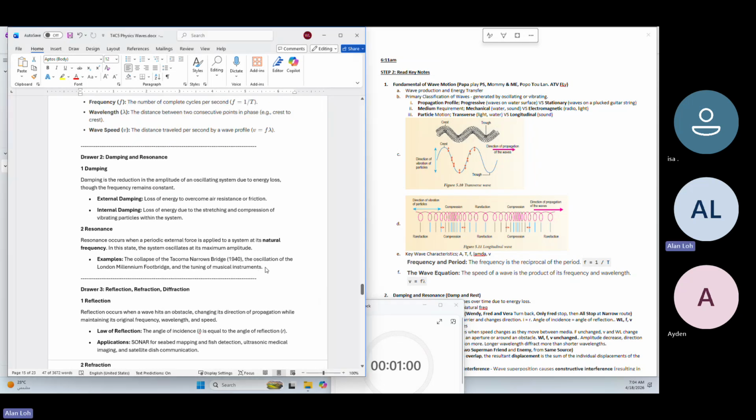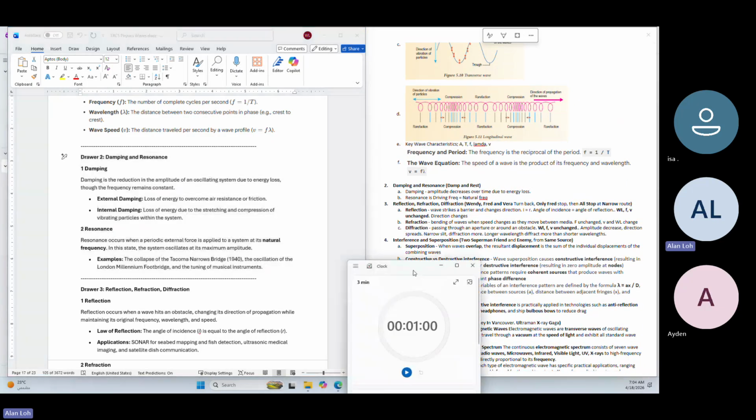Okay, drawer 2 is so short. Yep, let's do this, 1 minute.